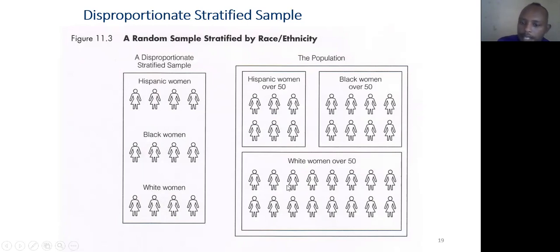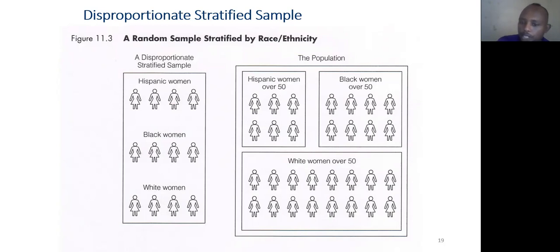This is also another stratum. Then how can we select members of our sample? To do that, first let us look at the disproportionate stratified sampling method. Here we may decide, for example, to take 4 from each stratum. We may decide to take 4 women from each stratum.